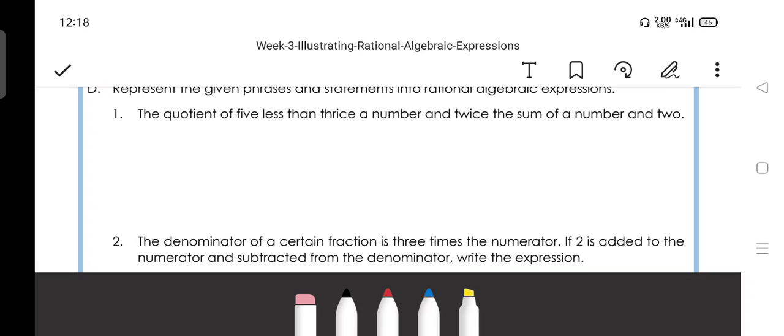If we read the whole statement outright, it's quite confusing. Where are we going to start writing our mathematical statement?